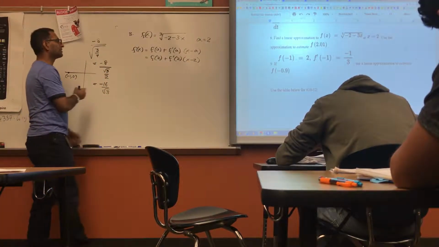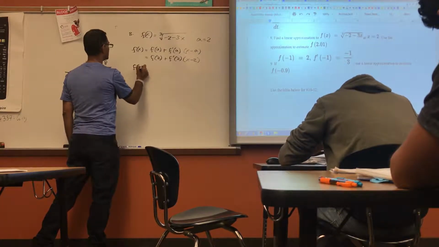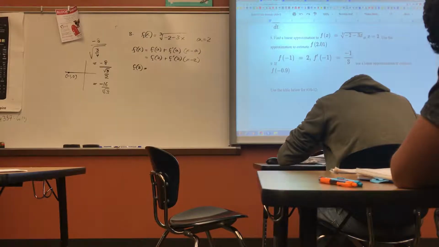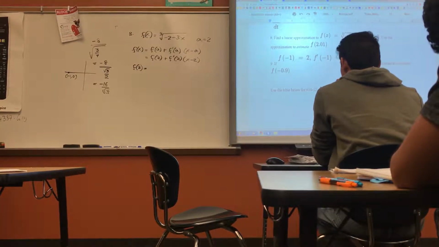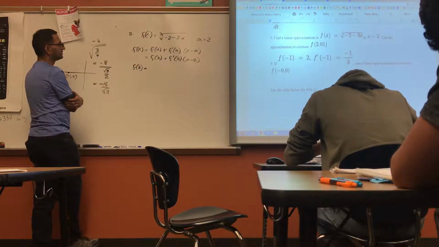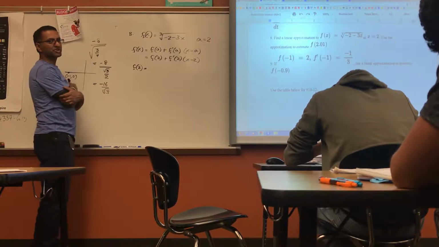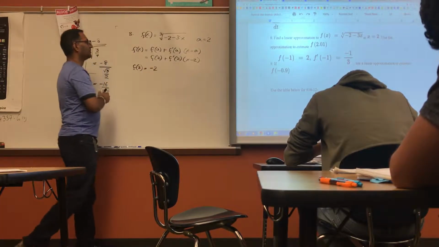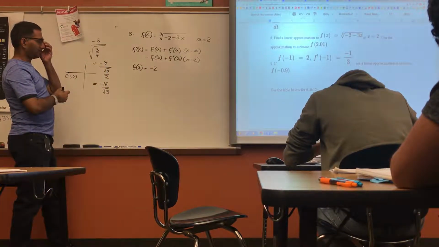Okay, look down, find it yourself. Slow and steady. You have the time. What do we get? Cube root of negative 8. Okay, negative 2.